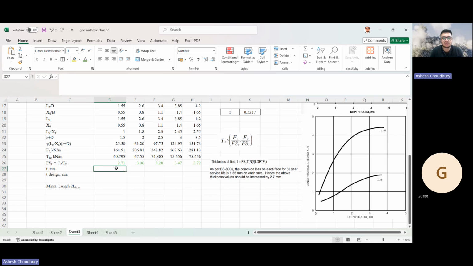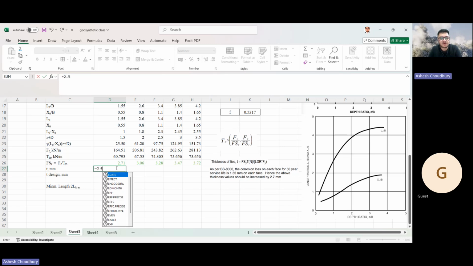Now what is my thickness? The thickness of tie is given by TD divided by LDR times FY. FSY, how much is FSY? It is given in the question as 2.5 into 10 to the power 5, 2.5 E5 kPa.